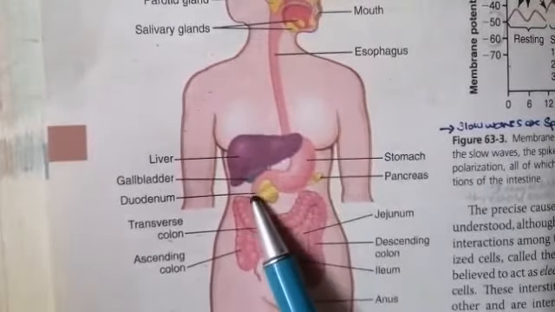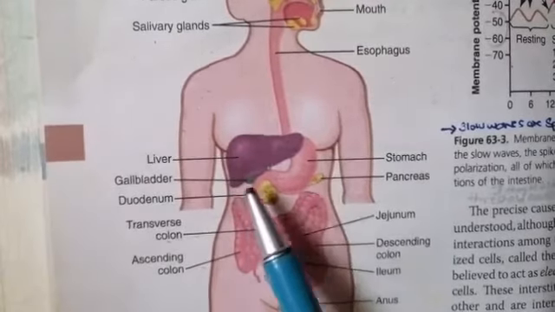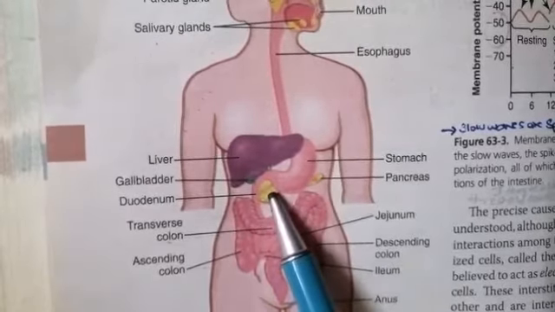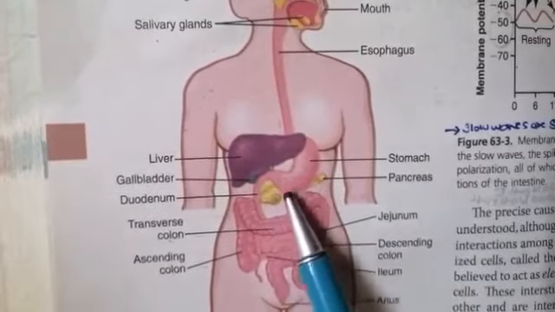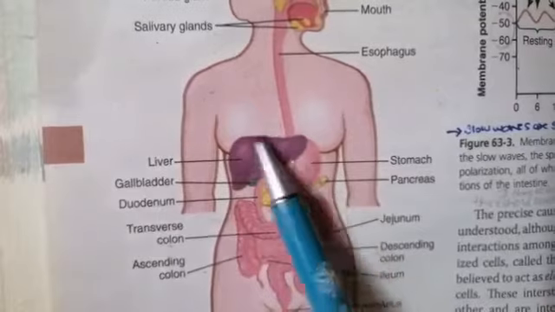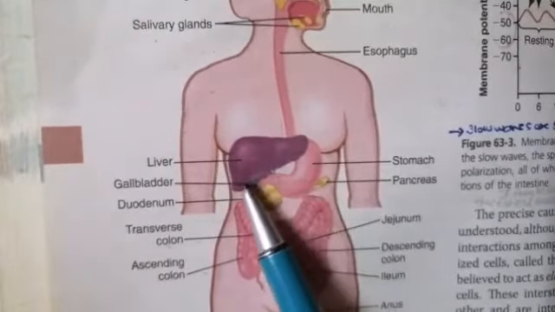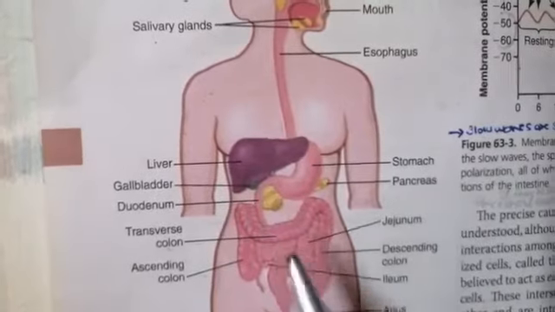Posterior to the stomach and the small intestine, you can see the pancreas. The pancreas has a very important physiological function in digestion that we will discuss in a separate video. Then you can see the placement of the liver above the stomach, and the gallbladder below the liver.